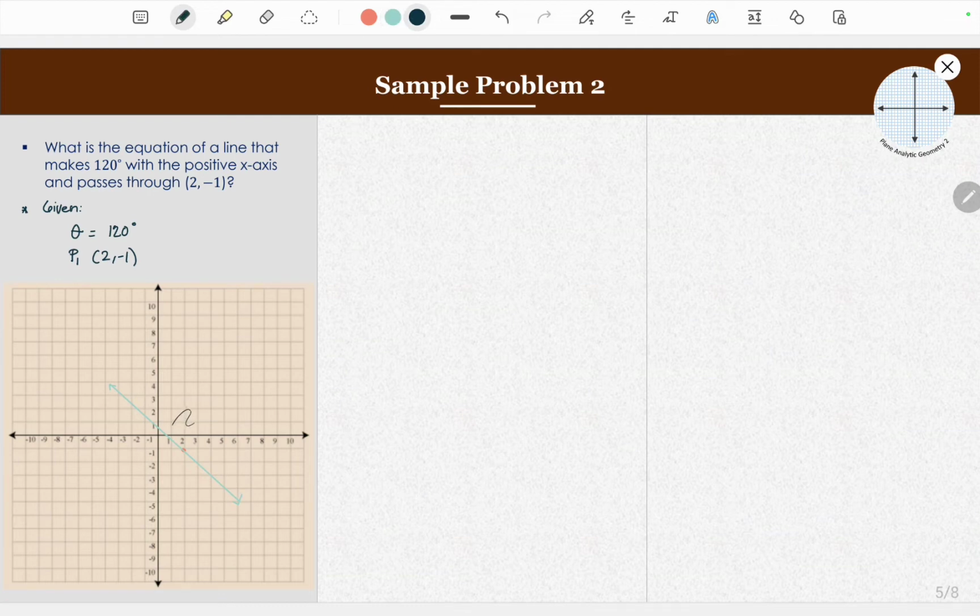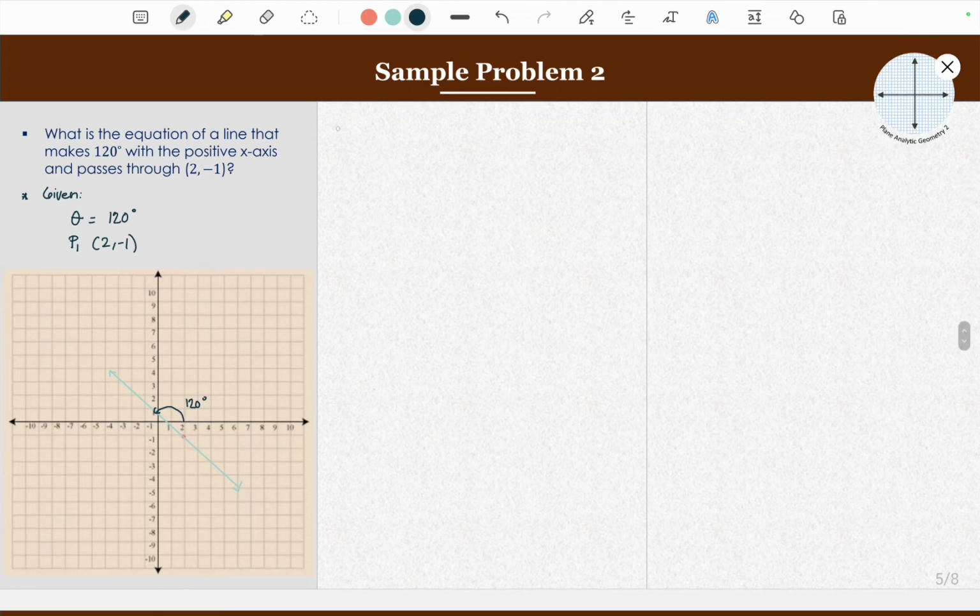The angle here is this one, from the positive x-axis. So this is 120 degrees. The question is, what is the equation of this line? First, let us determine the slope of this line.